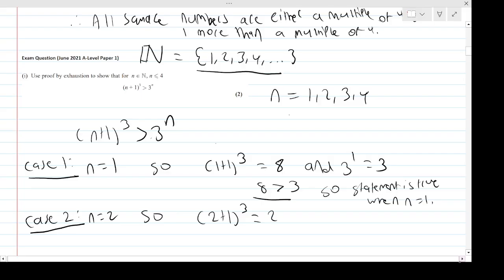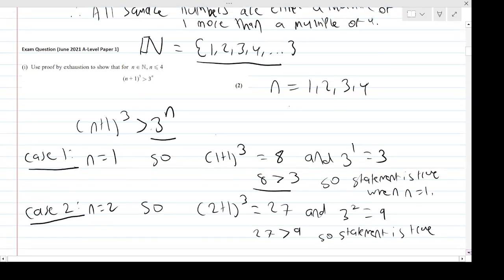And 3 to the n would be 3 squared, which is 9. So we can deduce that 27 is greater than 9, so it is indeed true. The statement is true when n is 2.